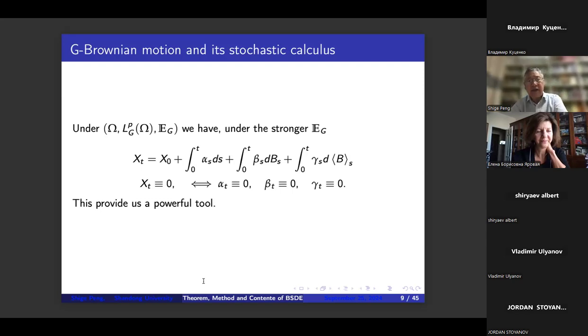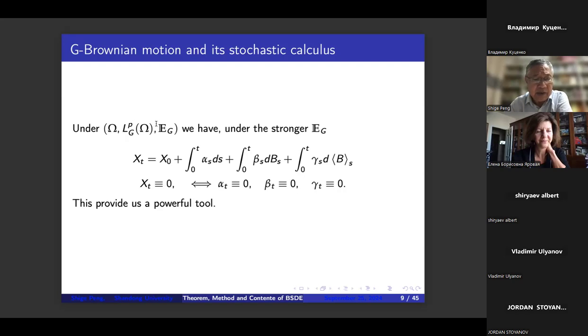And after this completion, just like before, we go to this completion, and the corresponding sublinear expectation is called the E_G. It depends on G, you see, and also L^p_G.